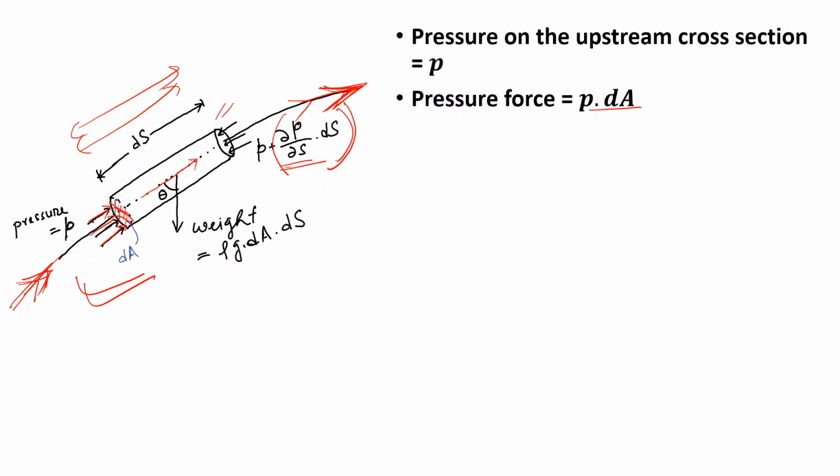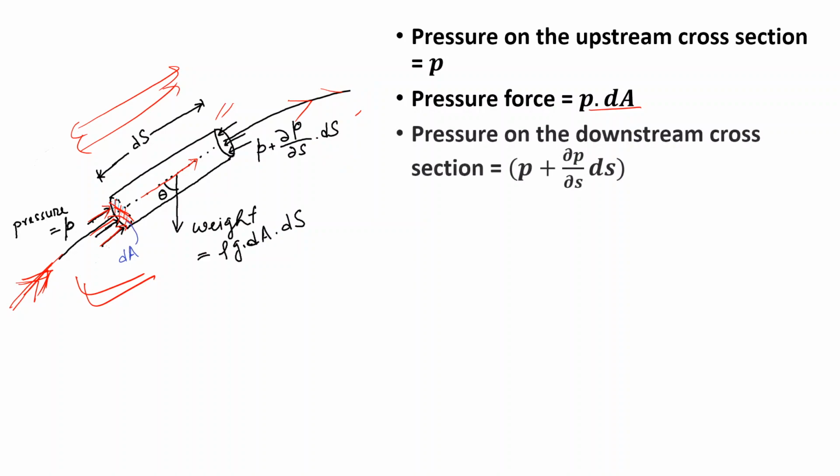This little bit is the rate at which the pressure changes per unit length, del P by del S, multiplied by the length ds. So this is your pressure at this cross section, and therefore the pressure force at this cross section will be simply this whole quantity multiplied by the area dA.